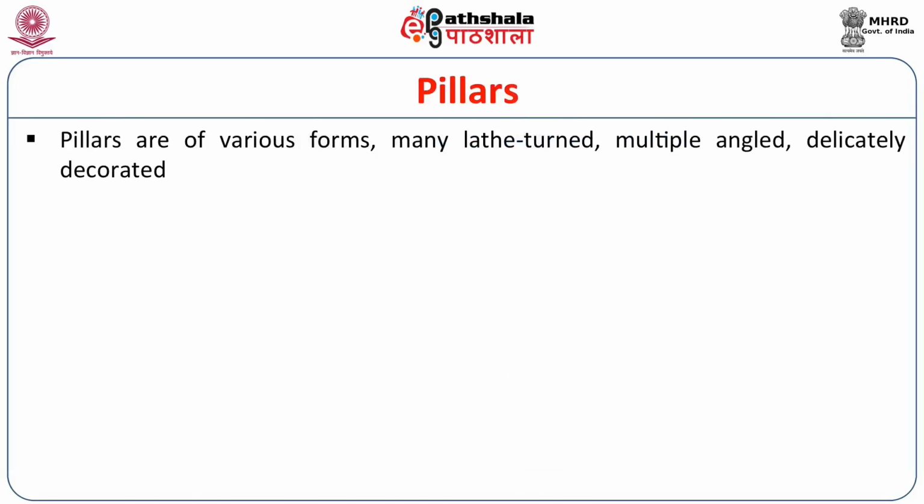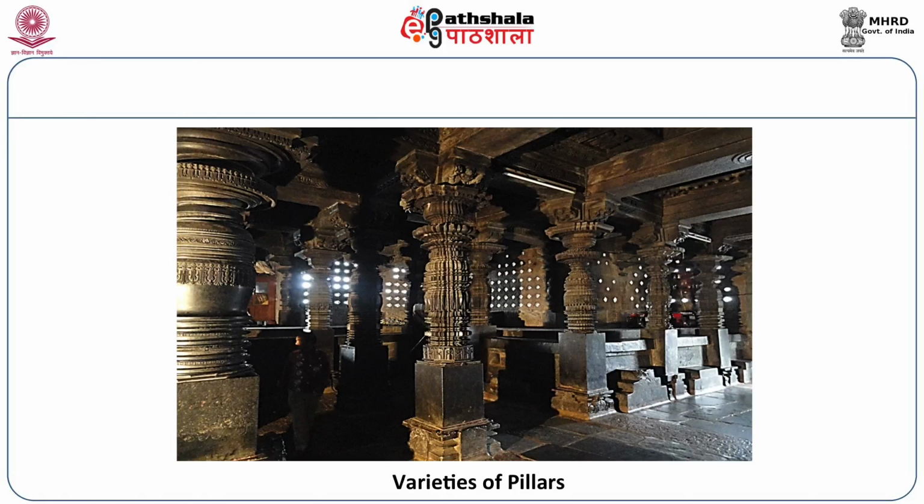Similarly, the pillars of the Hoysala temples are also of various forms and they have delicately carved sculptures. Many of them are lathe turned or multiple angled or delicately decorated.